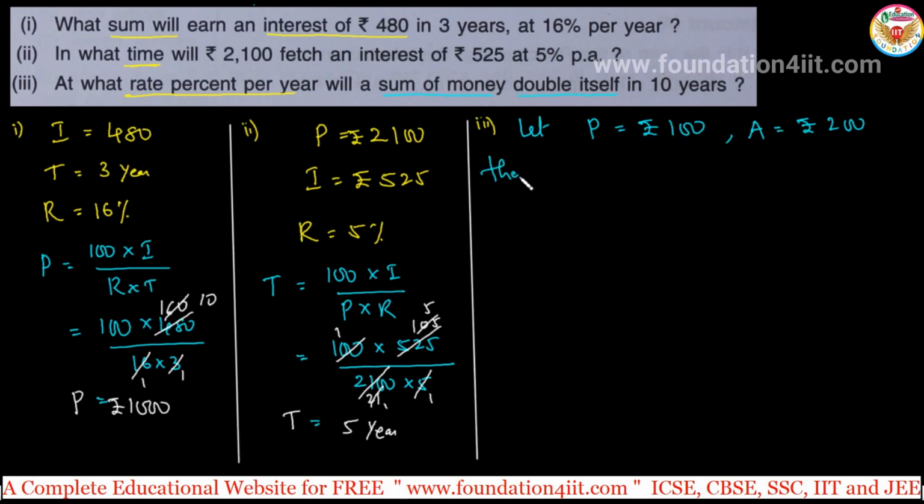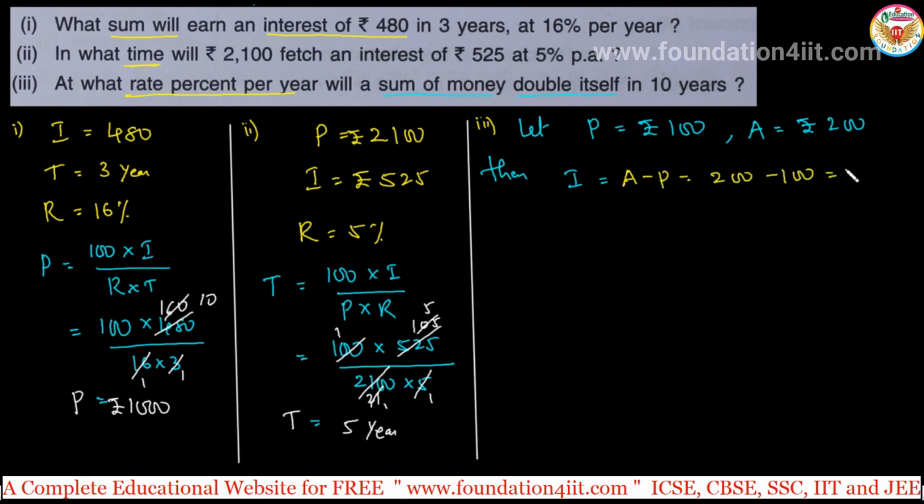Then according to this, we can find out the I. The P is 100, amount is double. Interest is amount minus P, that is 200 minus 100. Interest also, 100 we got. As per the question, time is given here: in 10 years, time is equal to 10 years.